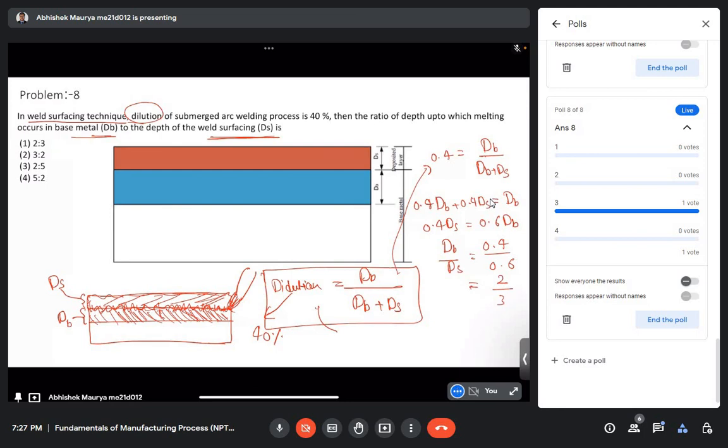So the ratio of the material which was melted to the material which was deposited will come out 2:3. So the correct answer is the first one.